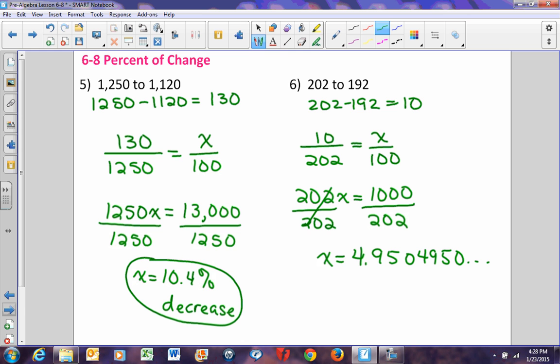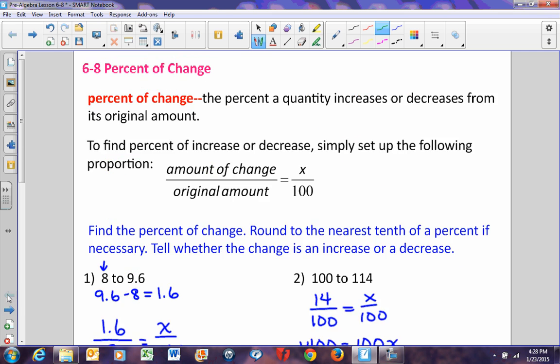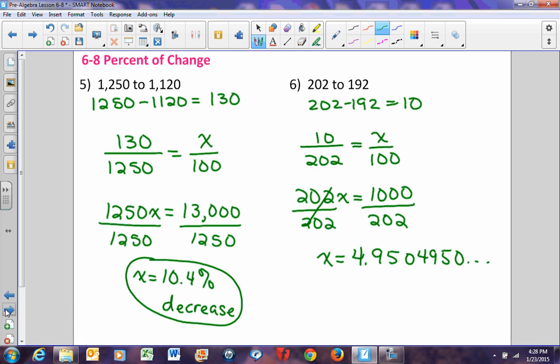Remember, it said round to the nearest percent, or tenth of a percent. I think it was nearest tenth of a percent. Let's check that. Round to the nearest tenth of a percent. Yep. So to the nearest tenth, there's my tenths place. The 5 makes it go up.